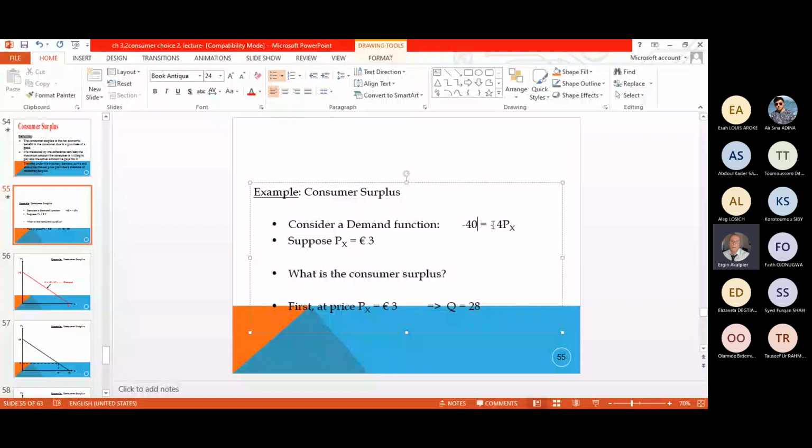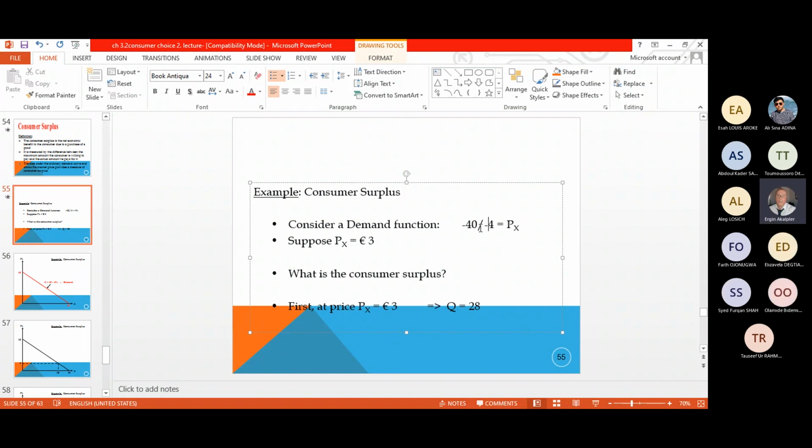Minus 40 over 4, dividing by 4, gives you 10. PX is 10 when there is no purchasing. Did you get it?